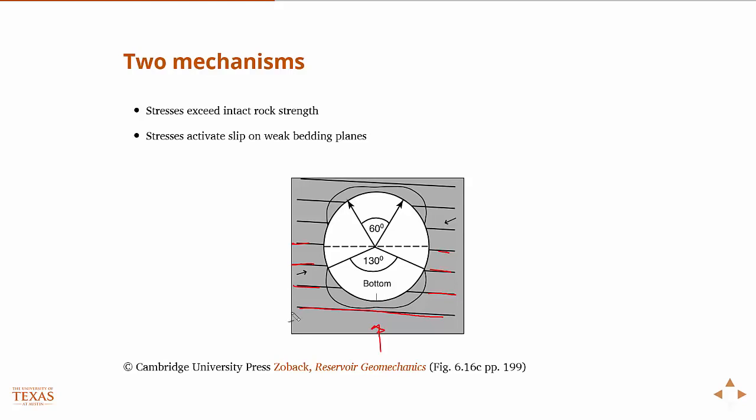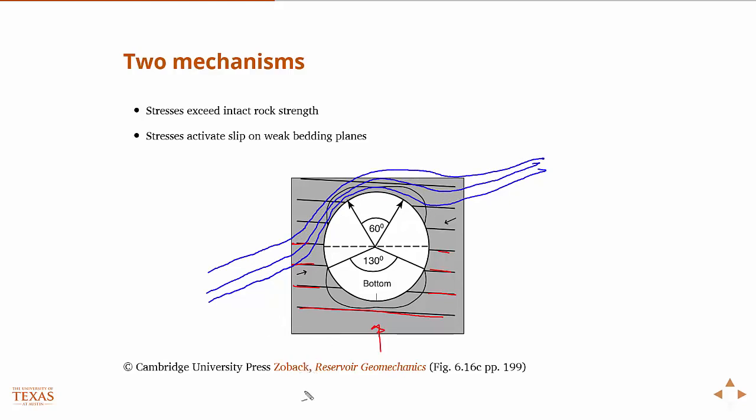If you remember from the very first figure of the last set of lecture slides, from the Kirsch solution, you had these isolines of stress that bend around the wellbore. Due to that, you'd get a lobe here and a lobe here associated with the normal mechanism of breakouts, where the stresses in those regions exceed the rock strength, okay?